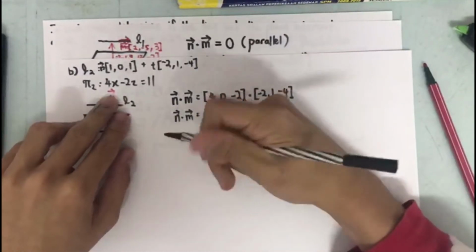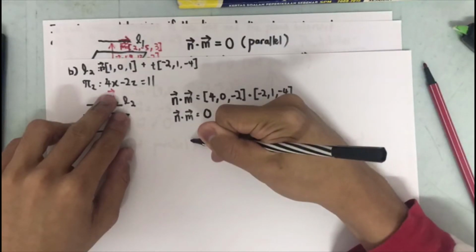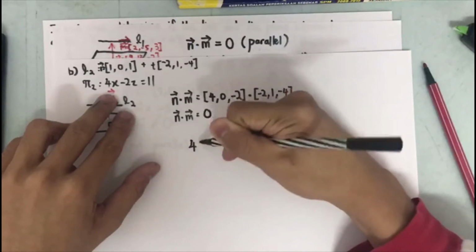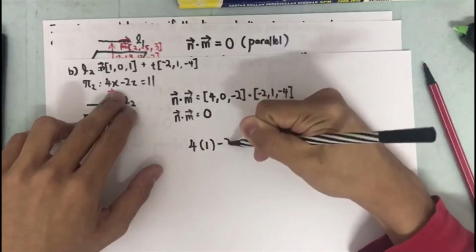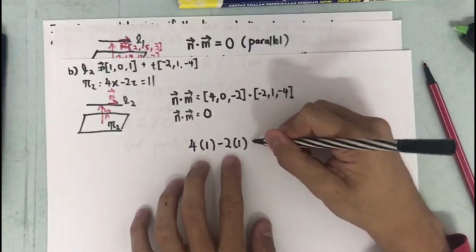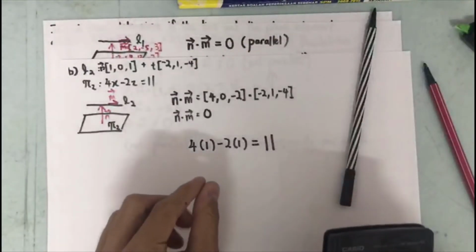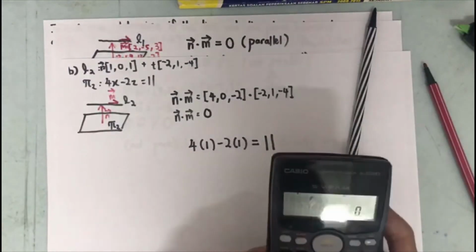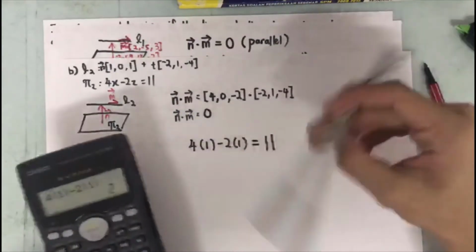So you can see, 4 times 1 minus 2 times 1. See whether it equals 11 or not. If it does not equal 11, that means the point is not on the plane. 4 times 1 minus 2 times 1 is 2.